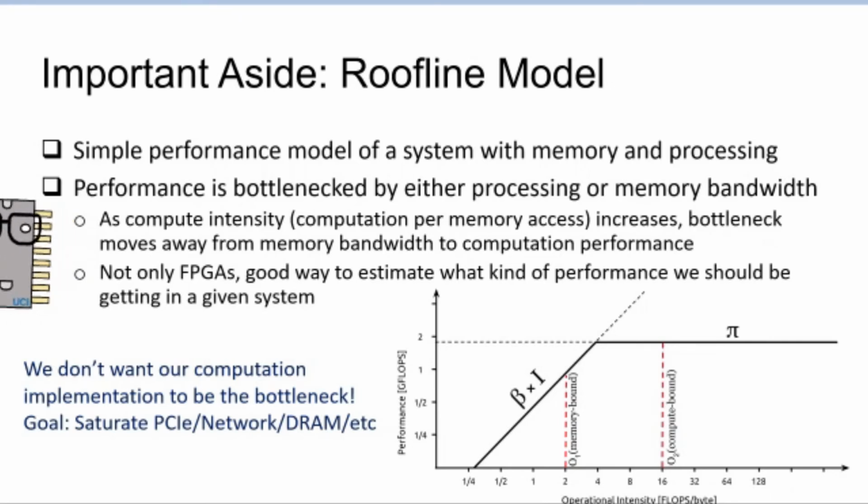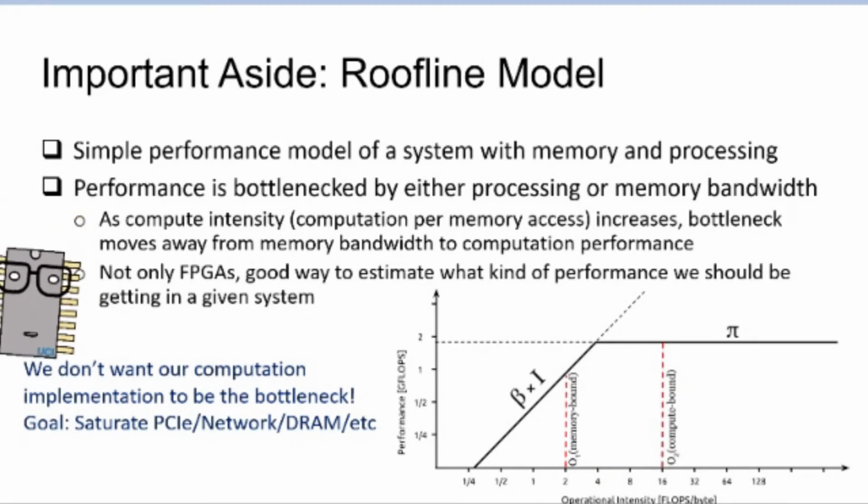If we load a lot of memory and don't do too much computation on each byte that we load, then in order to keep the computation unit busy, memory has to be faster. On the other hand, for every little bit of memory that we load, if we have to do a lot of computation, given a fixed computational budget, the performance bottleneck will typically move to the computation unit.